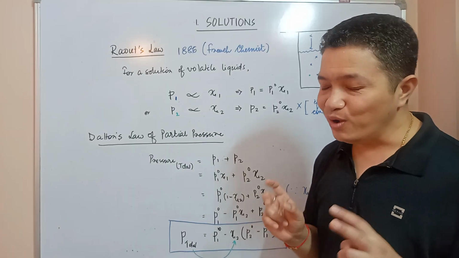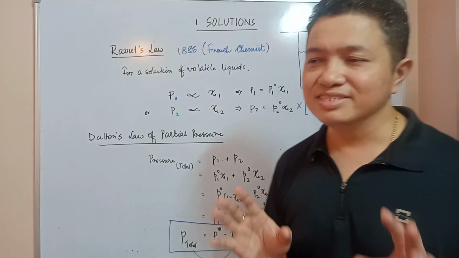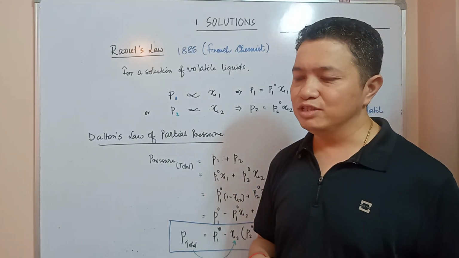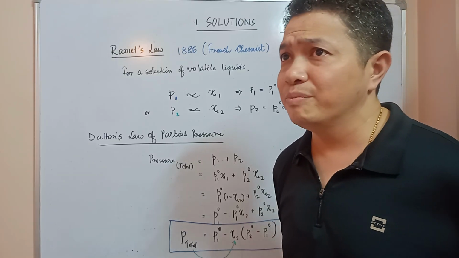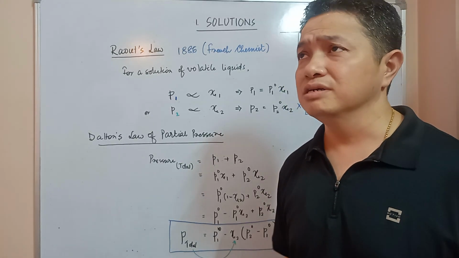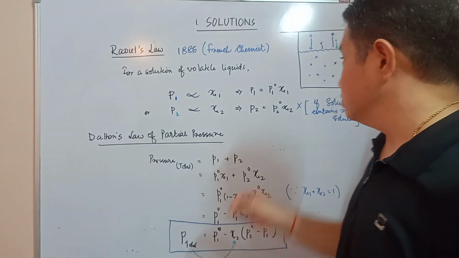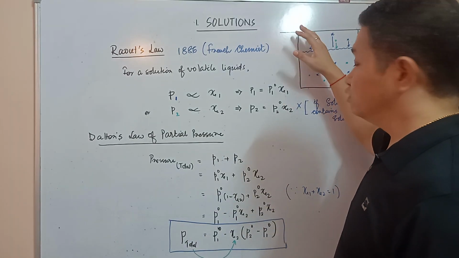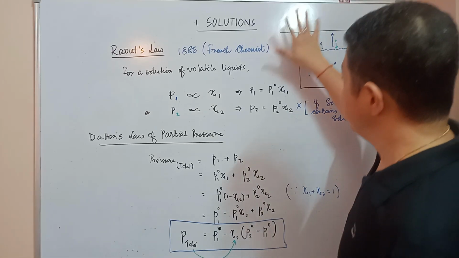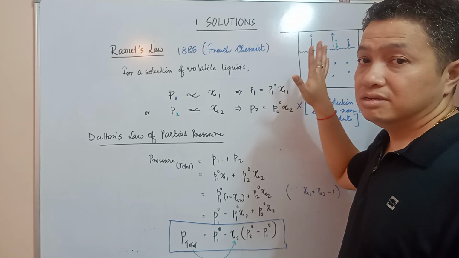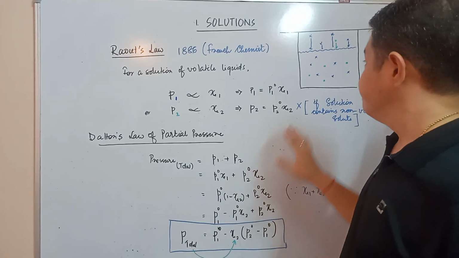Although this is a very simple term, many fail to understand what exactly vapor pressure is. Why don't we just say pressure? Why is there the word vapor in it? It's called vapor pressure because a liquid in a container is at a fixed temperature, the temperature is not changing at all.